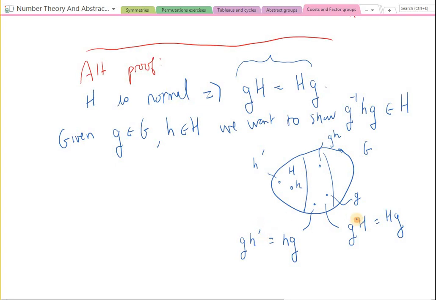Because these cosets are equal, any element in this coset, big H times G, is also an element in this coset, which is G times H. So there must be some other element in big H that makes this equality true.